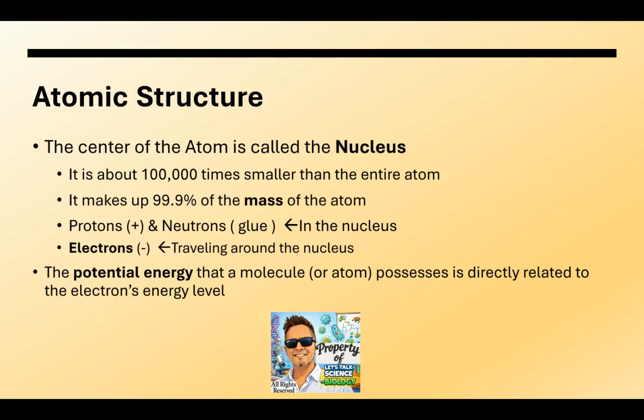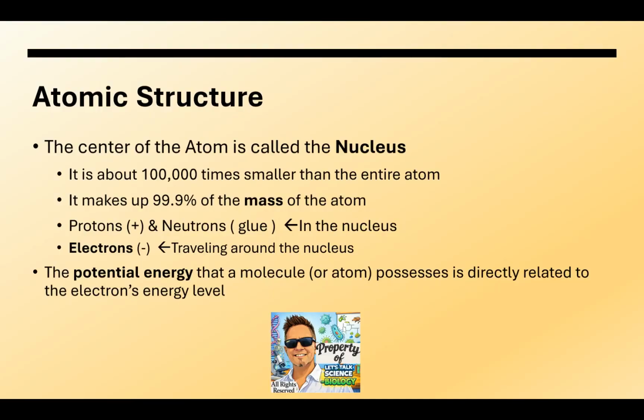Also keep in mind, guys, electrons are super important when it comes to the reactivity of an atom. There's going to be a lot we talk about when we talk about potential energies of certain compounds. That has a lot to do with the actual electrons. So we talk about hydrocarbons or carbohydrates having lots of energy in them.